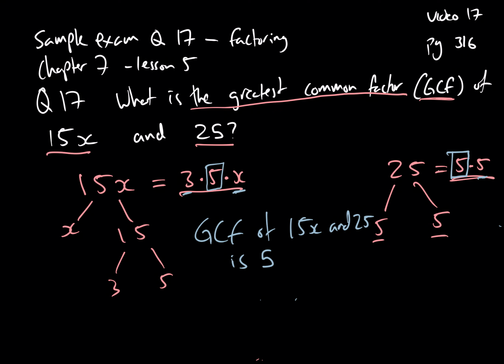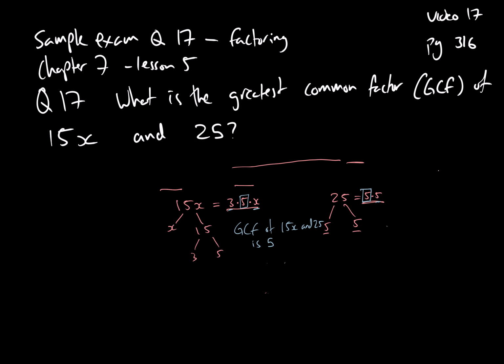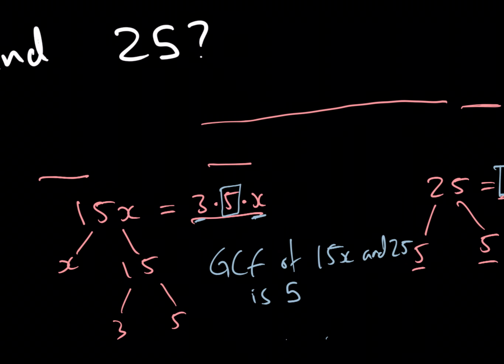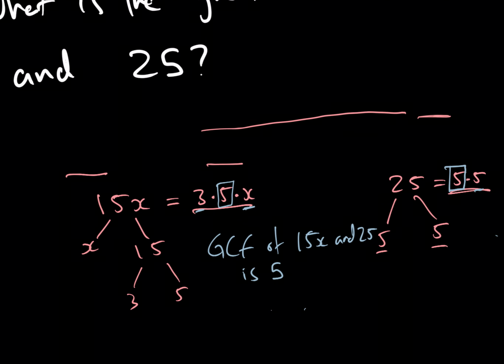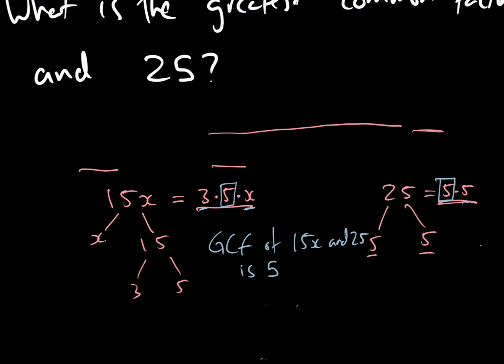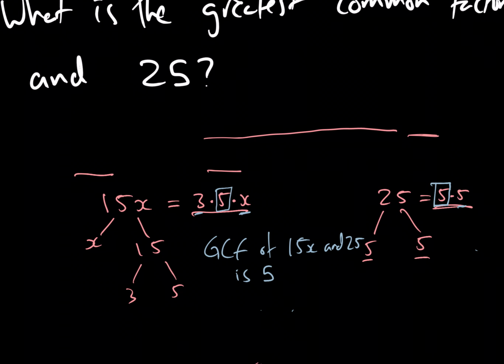If we had a number here where 2 of these were the same, so for example, if this was not 15, but if it was 50x, then the prime factors would be 5 times 5 times 2 times x.